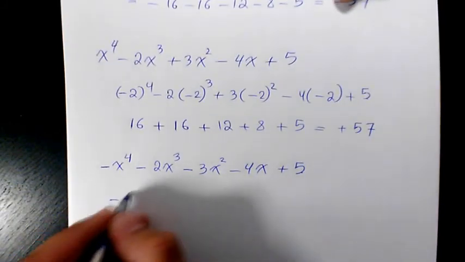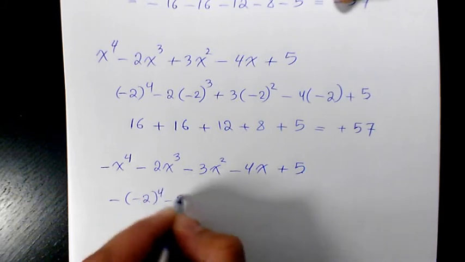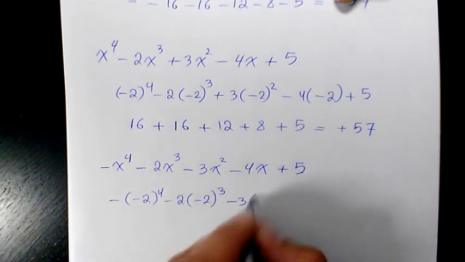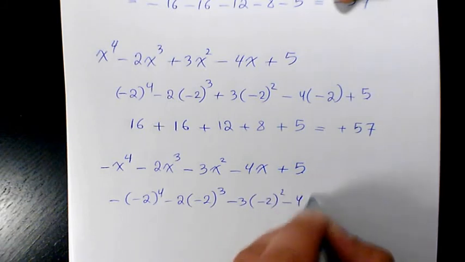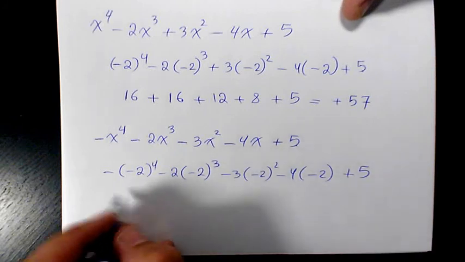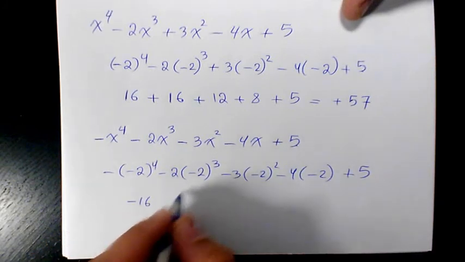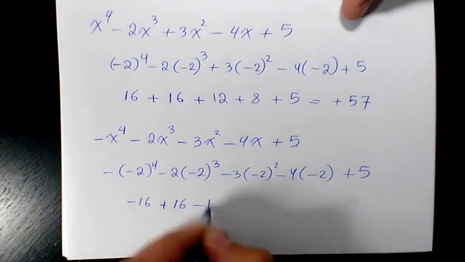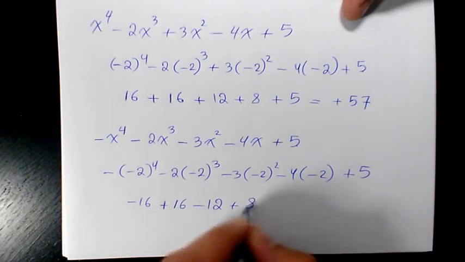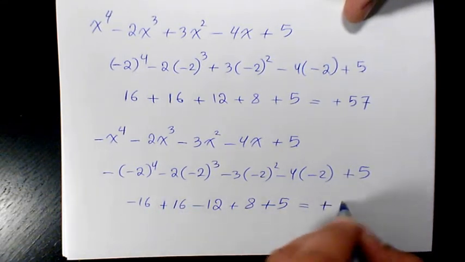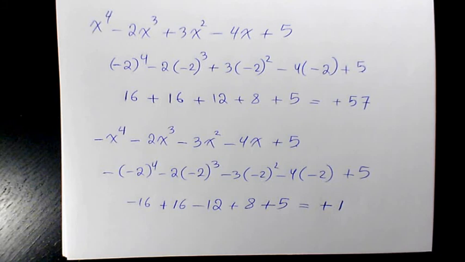That case is going to be negative 2 to the power of 4 minus 2 times negative 2 to the power of 3 minus 3 times negative 2 to the power of 2 minus 4 times negative 2 plus 5. That's going to be negative 16, positive 16, negative 12, plus 8 plus 5. That case is going to be positive 1. So the remainder is going to be positive 1 in this case.